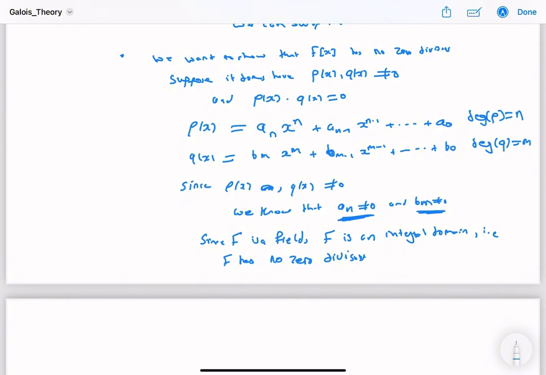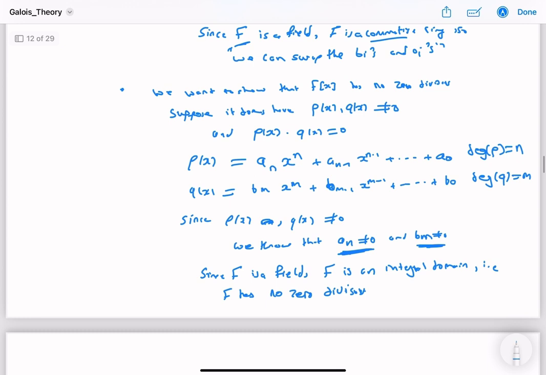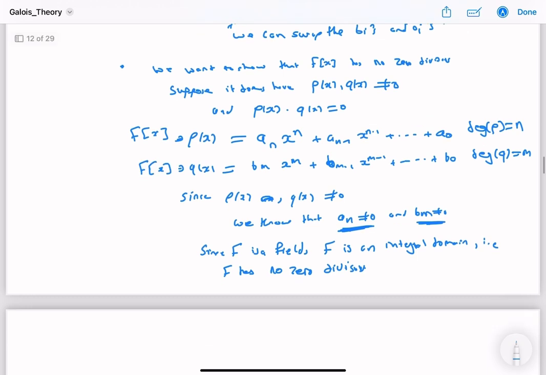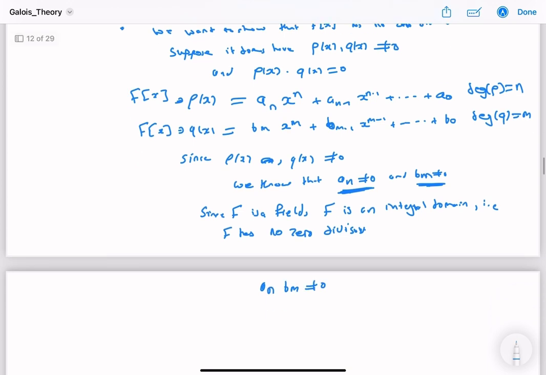Remember that the polynomials p of x and q of x are polynomials in F[x], which means their coefficients are in the field F. So a sub n and b sub m are in F and they're not zero, so they can't multiply to zero. So a sub n b sub m is not zero because F has no zero divisors.